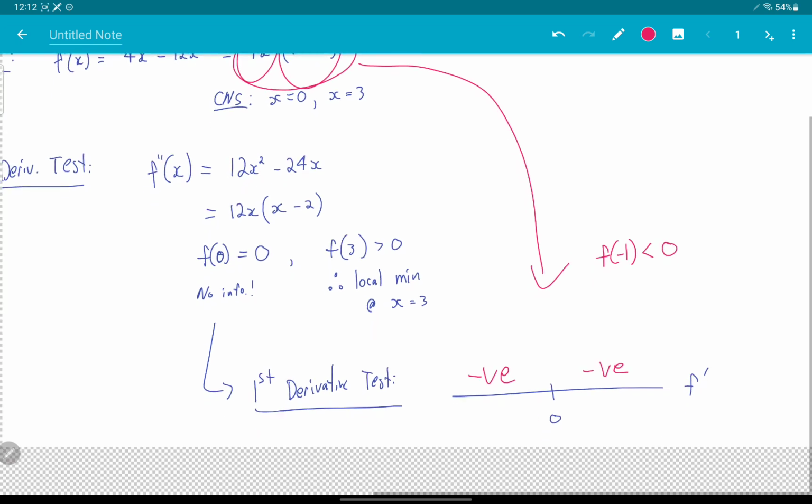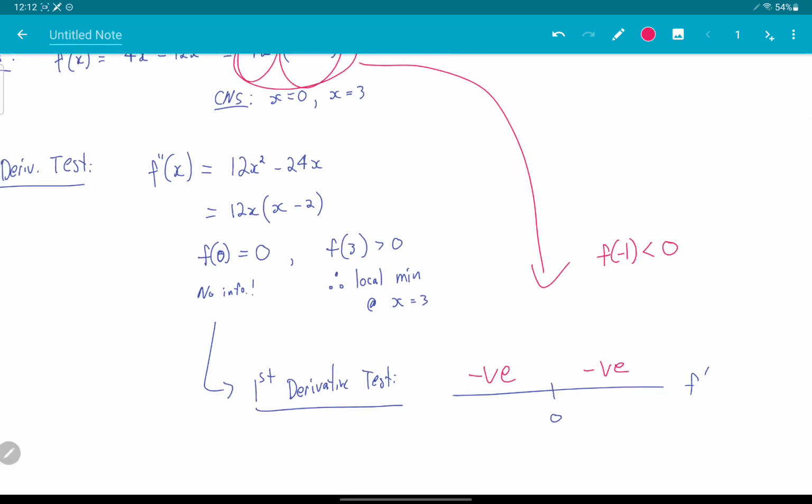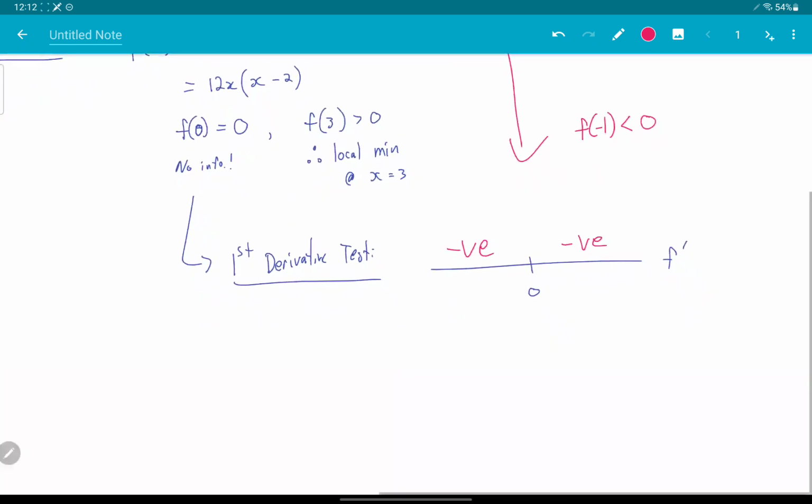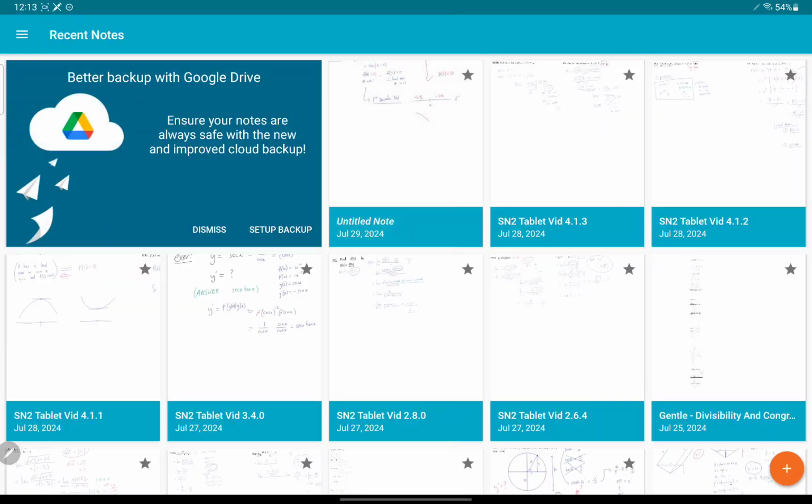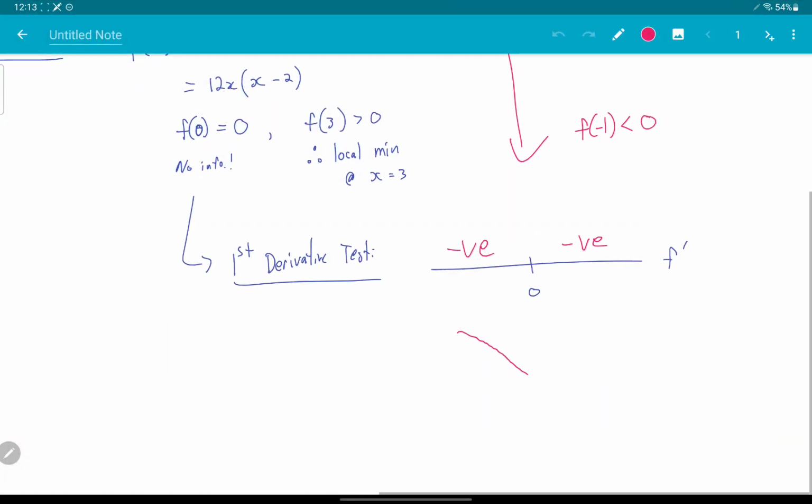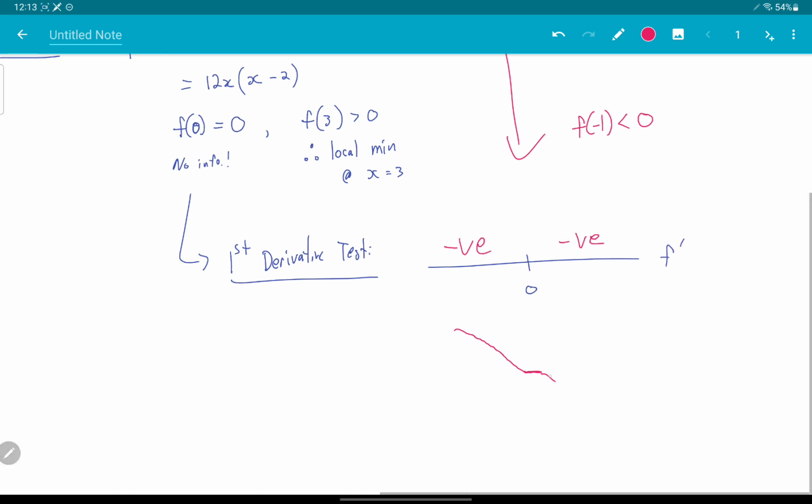Okay, so the function is decreasing before 0 and is decreasing again afterwards. So something like it's going down, down, down, flat momentarily there, and then going down again afterwards. Okay, so this is neither a max nor a min at x equals 0.